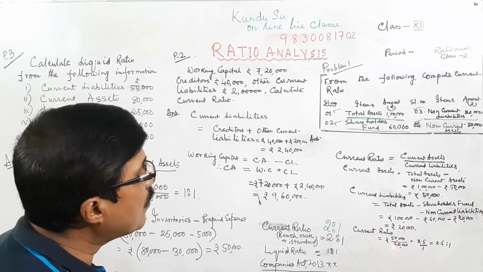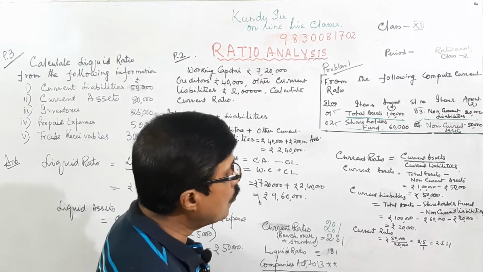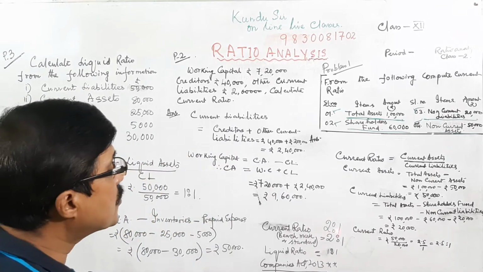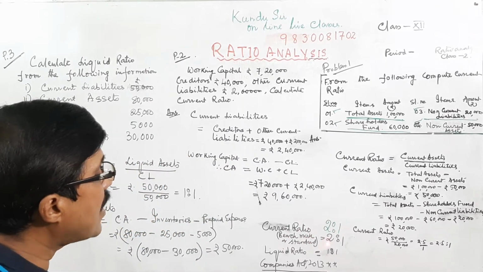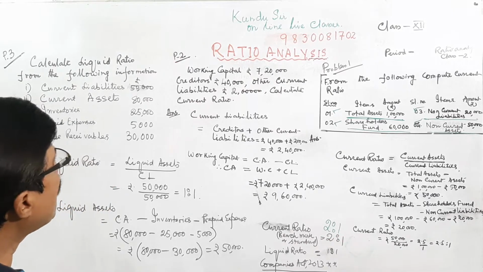Then the current ratio is 50,000 by 20,000, equal to 2.5:1. The standard norm, or benchmark, is 2:1. Now we are coming to the second problem.